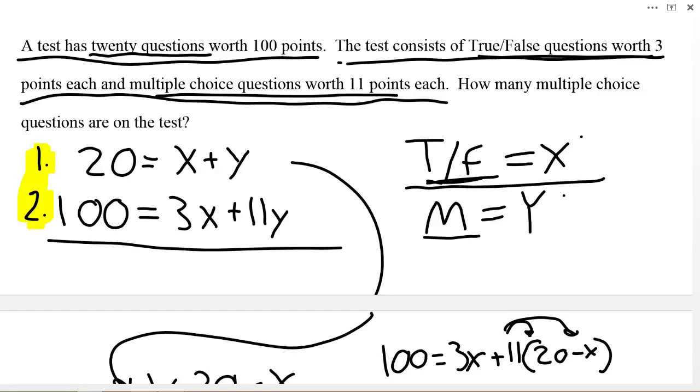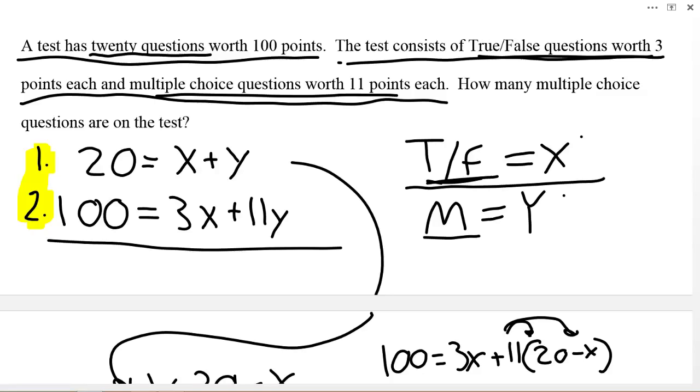You have 15. How many more questions are left on the exam to equal 20? It's 5 questions, right? So those 5 questions have to be multiple choice questions. So there you go. Without even finishing the math, you already kind of figured it out, just by thinking about it. It's that easy.